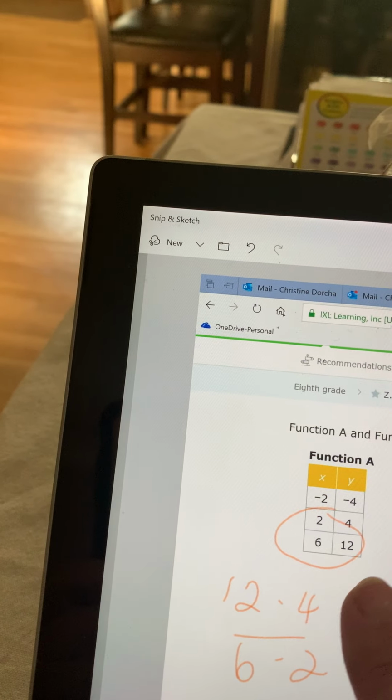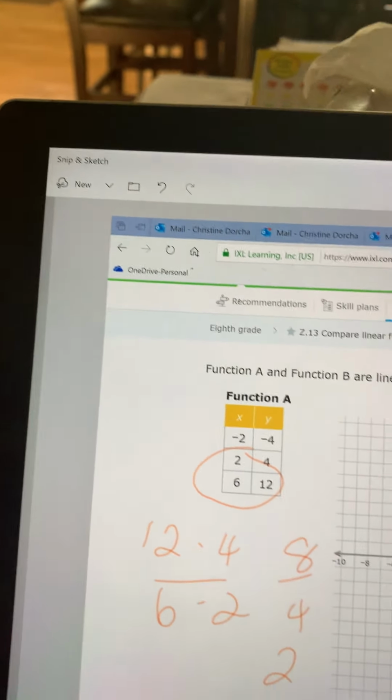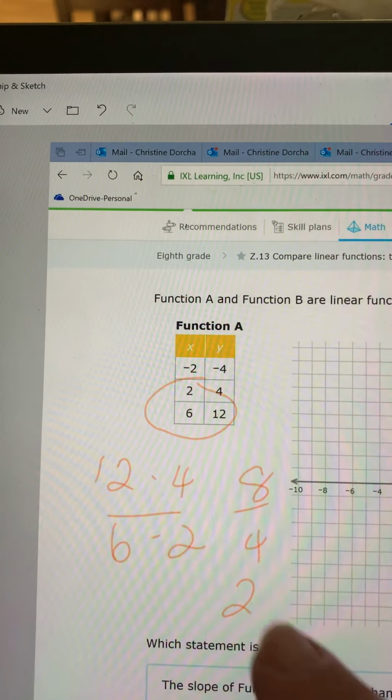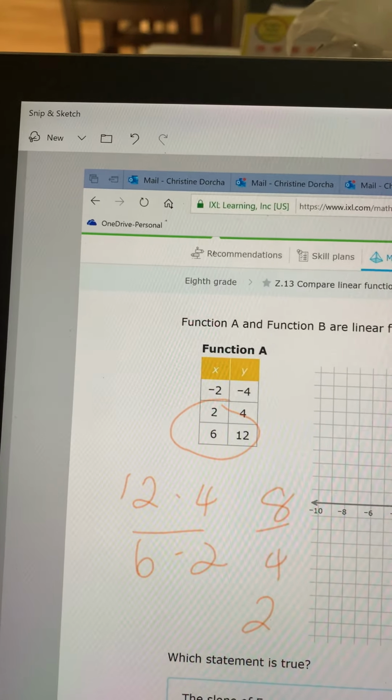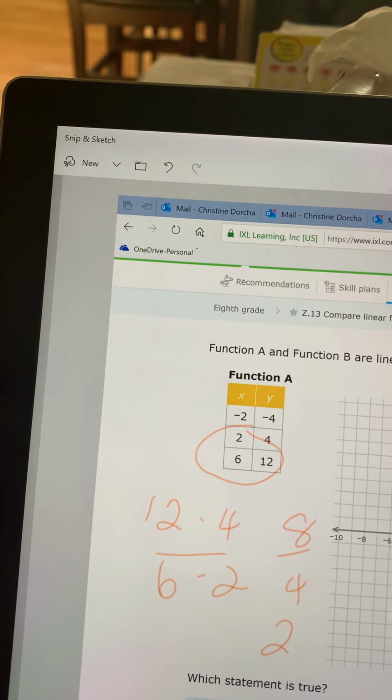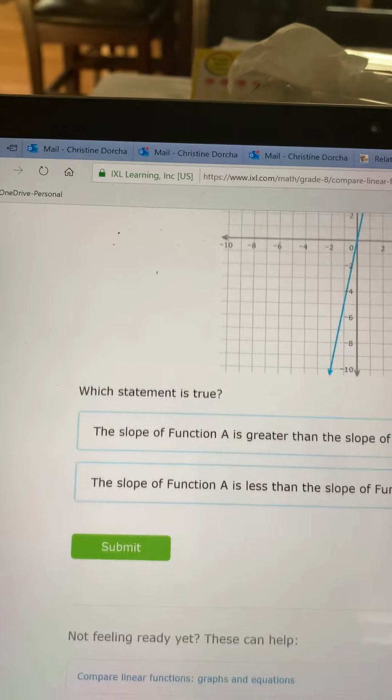And you're going to have 8 over 4, which is 2. So that is your slope of A. So slope of A is 2. Slope of function B was 5. So slope A is less than slope B.